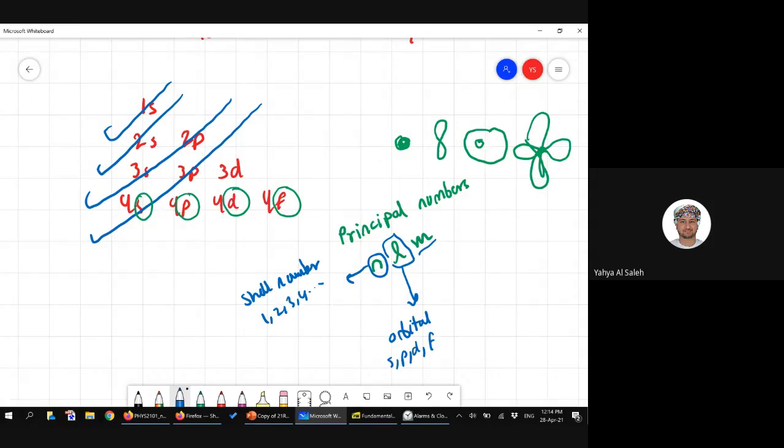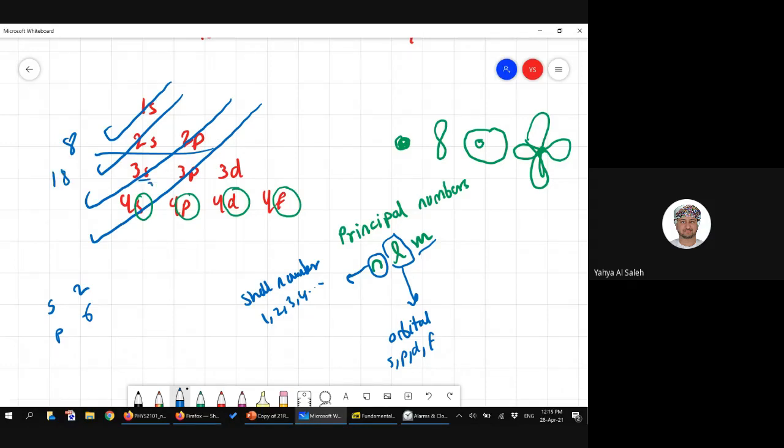But you probably asked your instructor in high school why S can take 2 and P can take 6, so that the second shell can take 8, and then why is this 18?